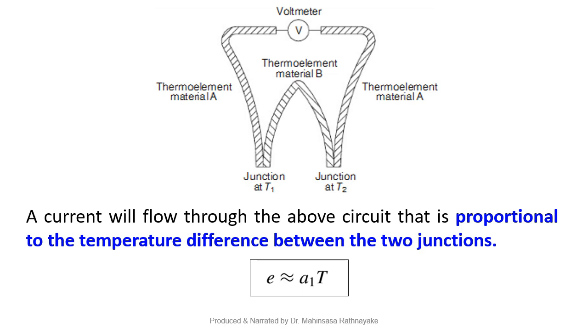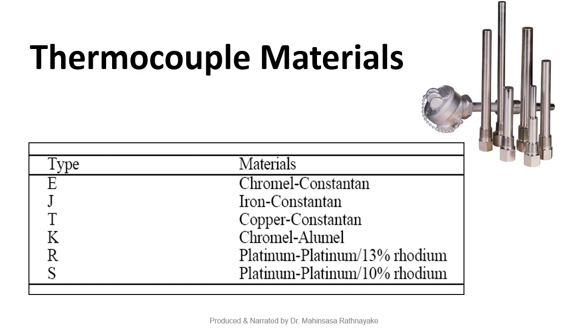As shown in this figure, there are two thermoelement materials or metals, and there are two junctions. So one junction can be kept at a known temperature and the other junction can be kept at the unknown temperature. Then we can calibrate the electromotive force or the electrical current, and based on that we can find the unknown temperature. So that is the methodology of finding out the unknown temperature using thermocouples.